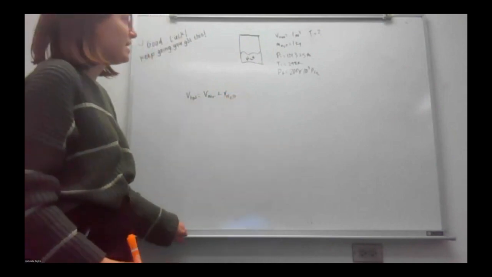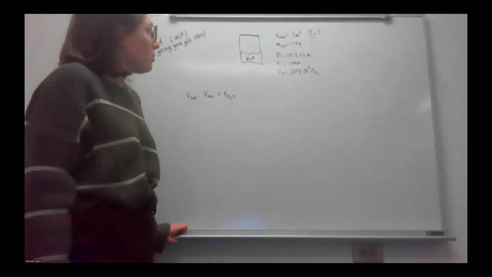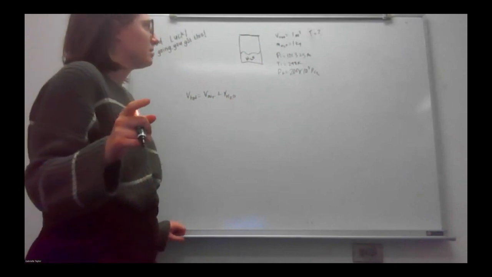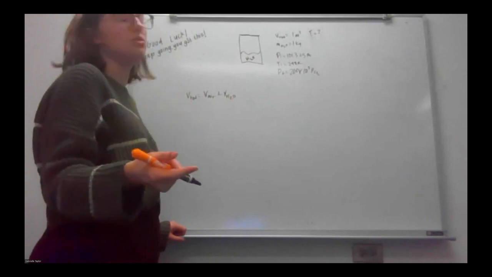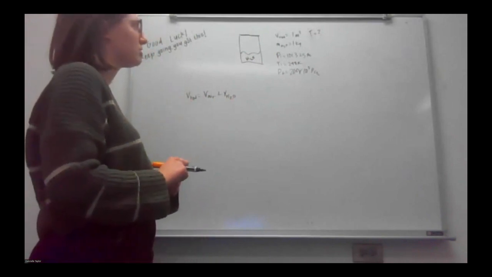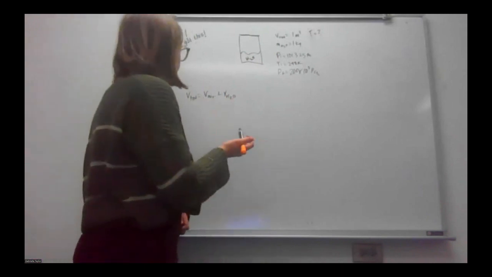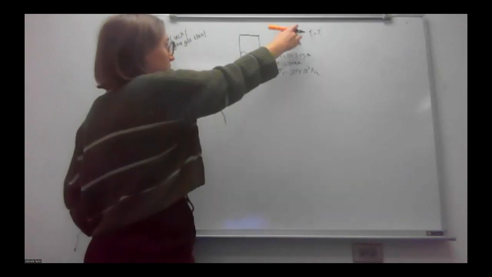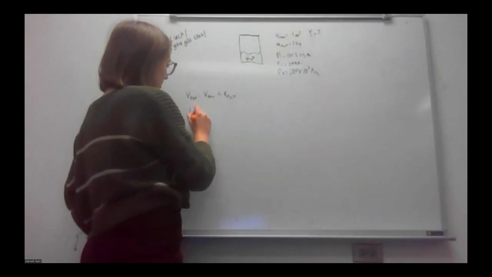Okay, so our mass of water: 1 kilogram, with 1,000 kilograms equaling 1 meter cubed. The total is going to be 0.1.